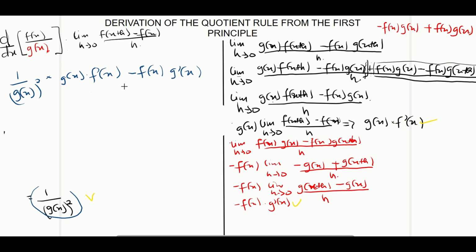We can simplify all of this to be g of x multiplying f prime of x, minus f of x multiplying the derivative of g of x, all over g of x all squared.